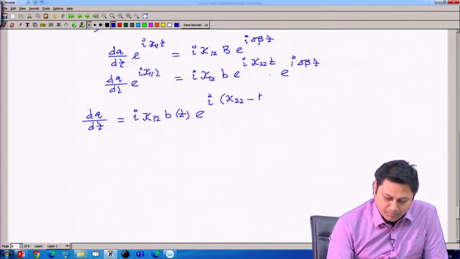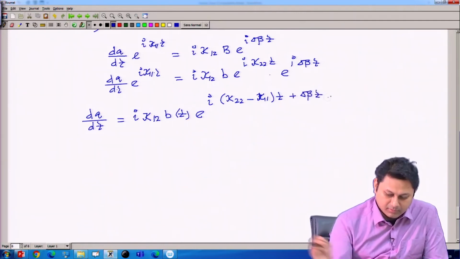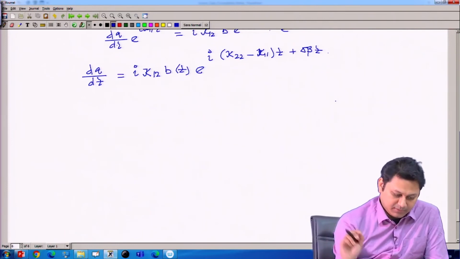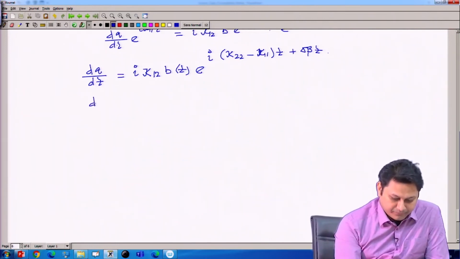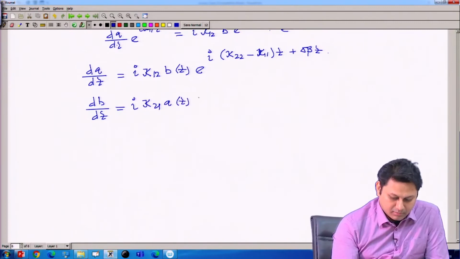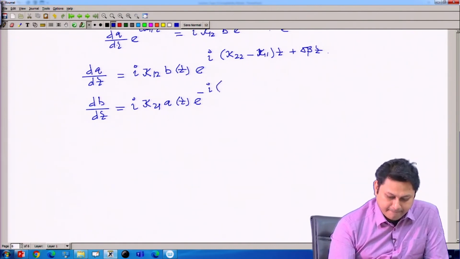In the similar way, exactly in the similar way, one can have dB/dz is equal to i kappa 21 a e to the power of minus i (kappa 22 minus kappa 11) z minus delta beta z.